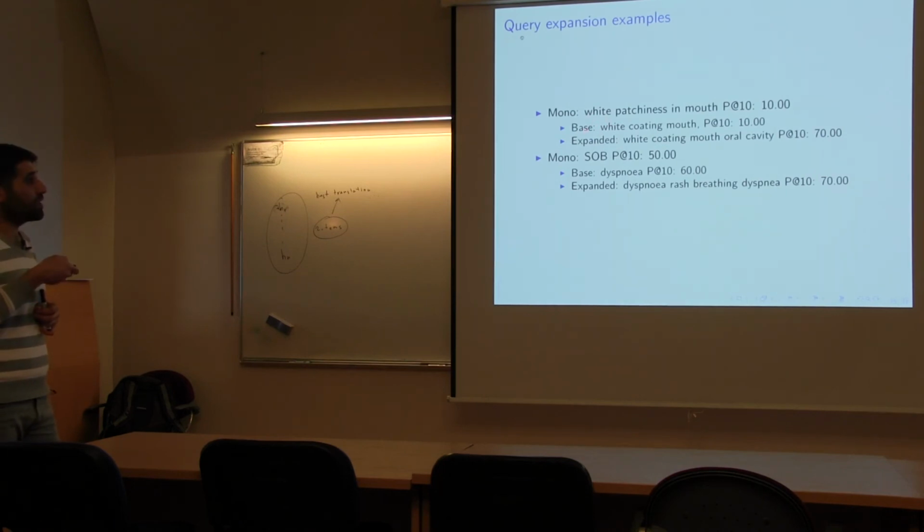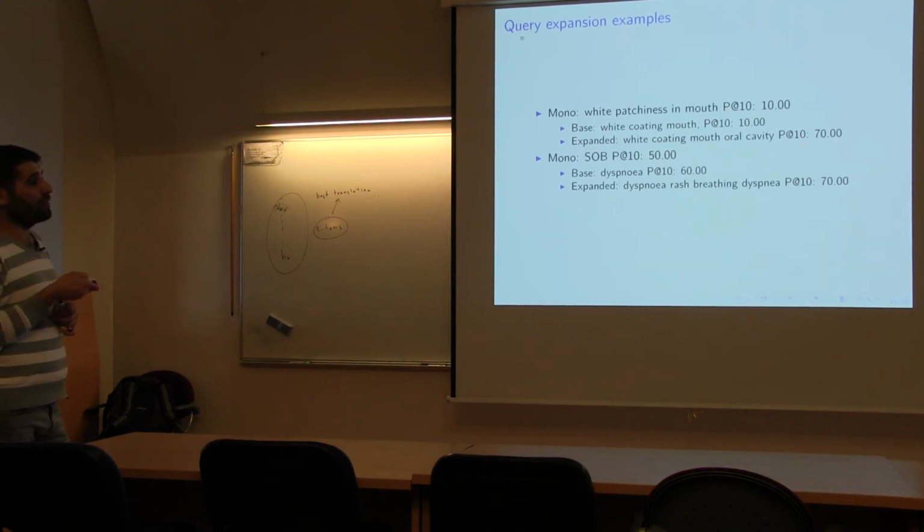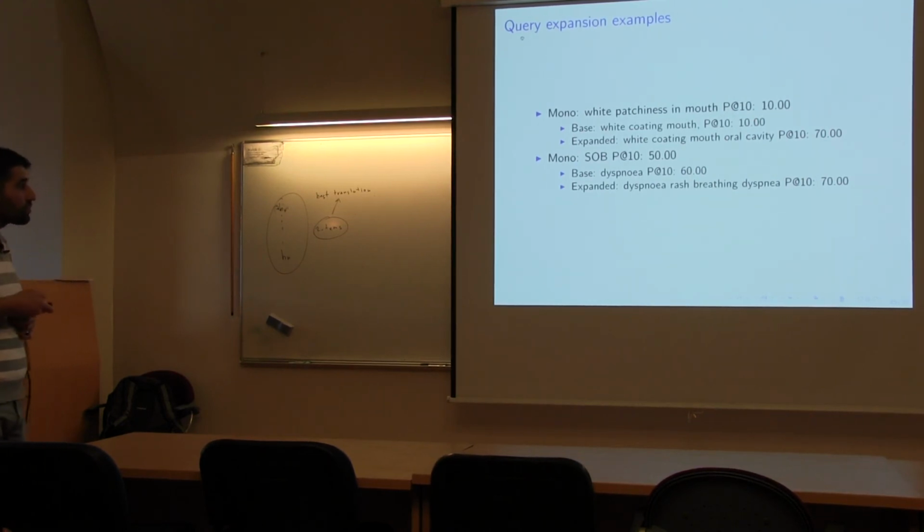So the baseline system translates the Czech query for this English query into English. Here we added 2 terms into the baseline translation. We added 2 terms, oral cavity, and we improved P at 10 from 10 to 70.